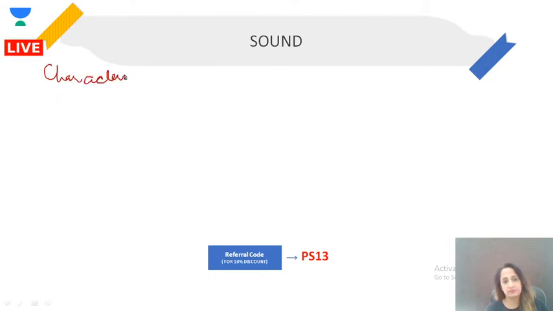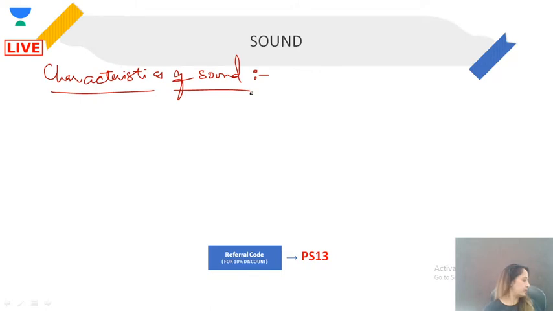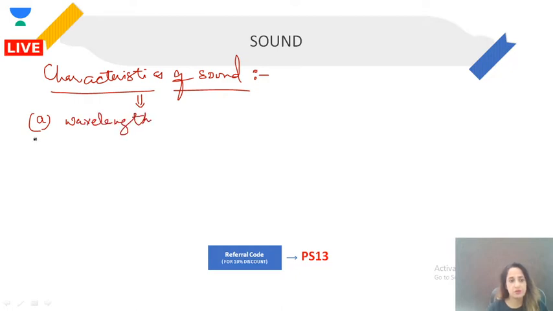characteristics of sound. This is again an important topic, but before we do that, let me have a sip of water. So characteristics of sound, let's discuss that in more detail. What are the important characteristics that we are going to cover here? A is wavelength of sound.